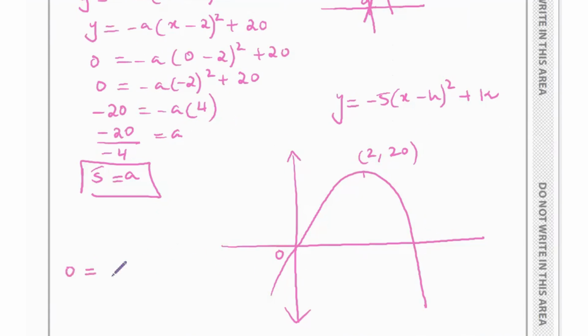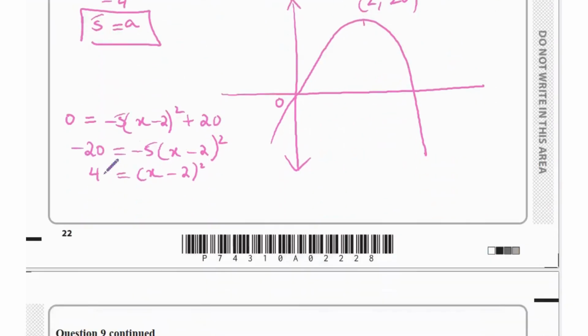So 0 equals negative 5 times (x minus 2) squared plus 20, and find the other x-intercept. That's negative 20 equals negative 5 times (x minus 2) squared. 4 equals (x minus 2) squared. Square root both sides.